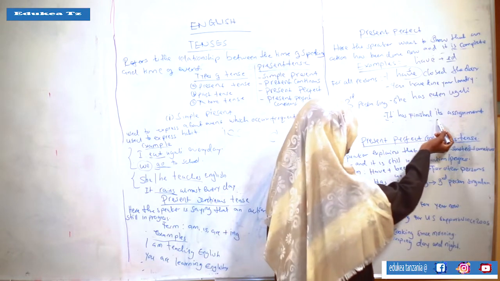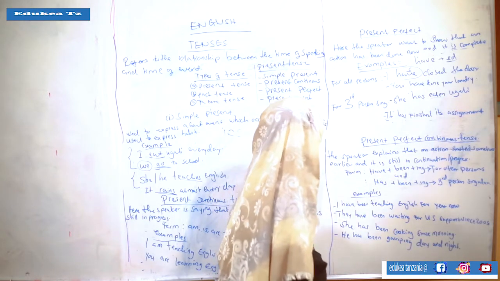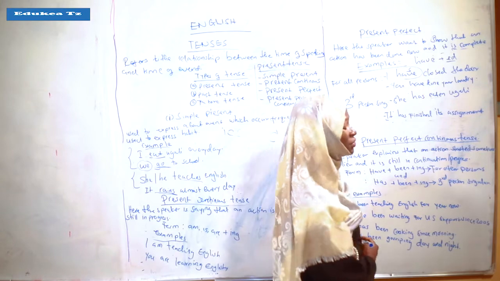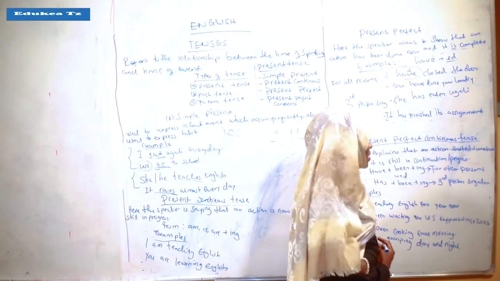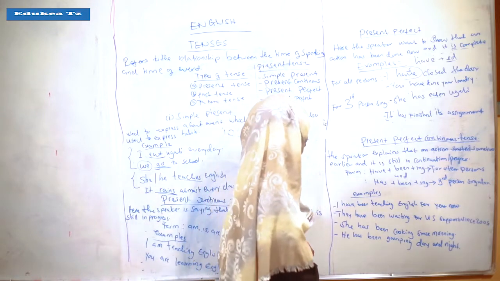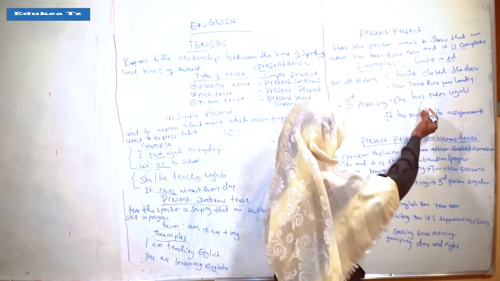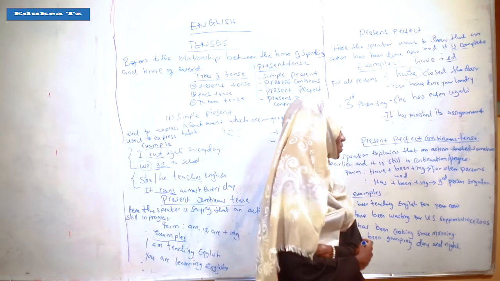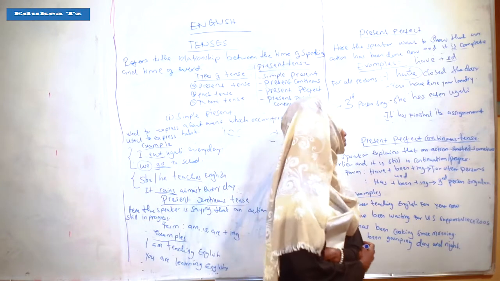It has finished its assignment. We have seen that here the verb changes, and there is addition of have, that is an auxiliary verb, and has, that is an auxiliary verb. Instead of using is, instead of using are, maybe were, here things change. We use the auxiliary verbs has and have. Have is usually for the first and second persons, but has is usually for the third person singular.